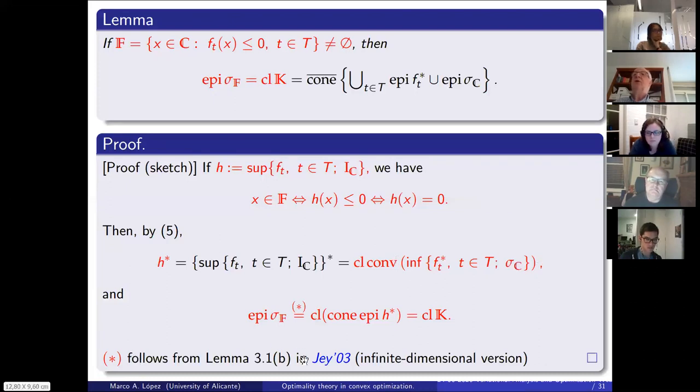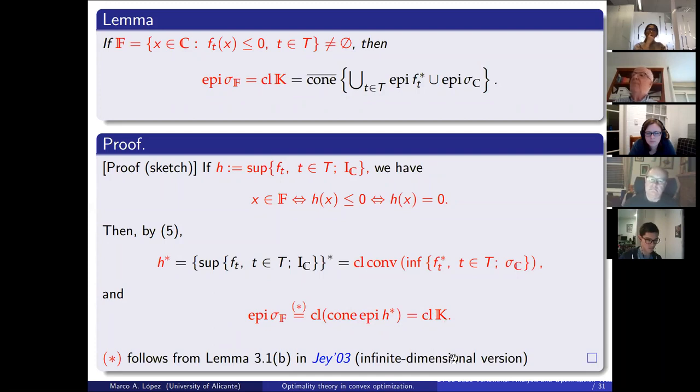And by means of a nice result for when this situation happens for a certain convex function H, a lemma in a paper published by Kumar and Sayop in 2003 in finite dimensions, we easily extend it to infinite dimension. We can apply this lemma to our problem by means of the function H. And so the epigraph turns out to be the closure of the cone generated by the epigraphs, and this is precisely the closure of K.